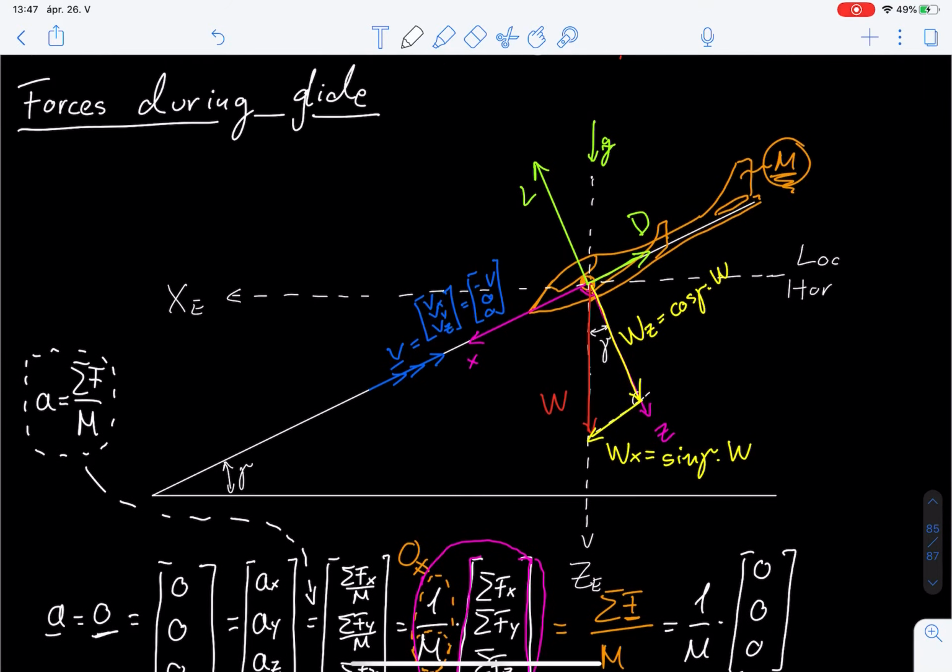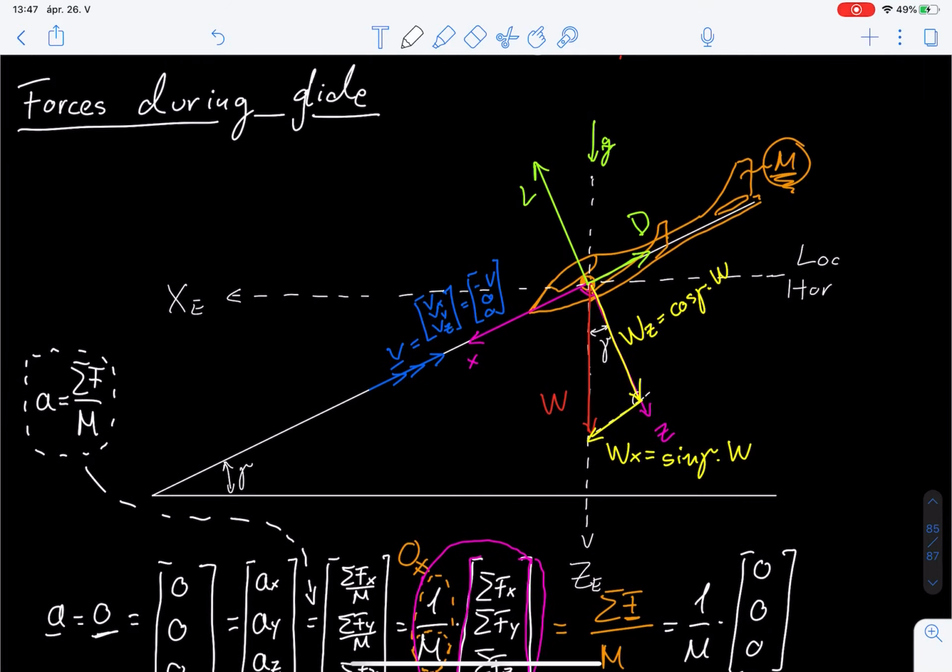So therefore we know that the cosine gamma times the weight is going to equal the lift, and if we express the cosine gamma, we get at the end that it's going to be equal lift over weight, right? And these are the two expressions that we get out of this whole discussion of writing out the forces.